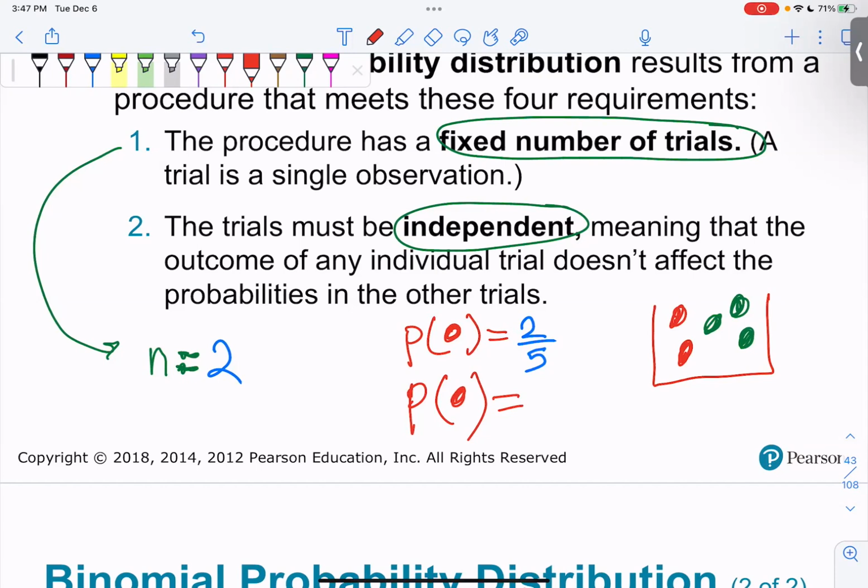If in the first trial I put the red marble back, then it will be okay, right? It will be exactly the same, 2 divided by 5. But imagine that in the first trial I did not return this red marble back. So what is the total here? In this case, it will be 4.